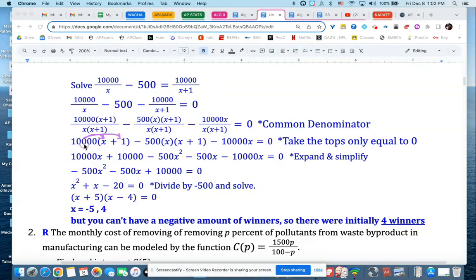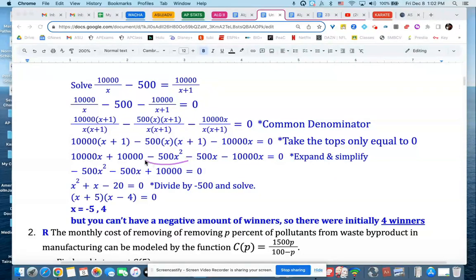So don't forget to distribute these. When you do that, don't forget these negatives go with it. These negatives get distributed into these. So this ends up being 10,000x, and then you get 10,000 here and here. This negative 500, and I'm going to take the x with it. So the negative 500x, all of that is going to get distributed into there, right?